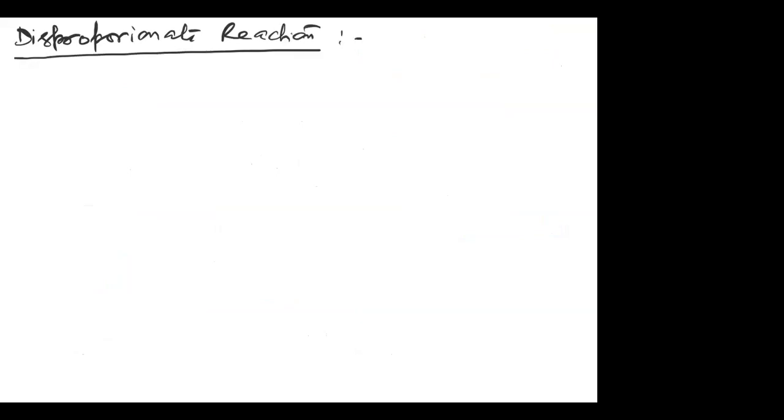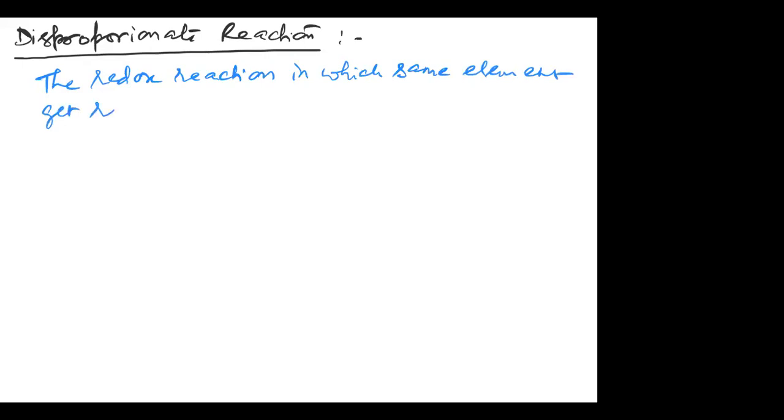The meaning of a disproportionate reaction is the redox reaction in which the same element gets reduced as well as oxidized.